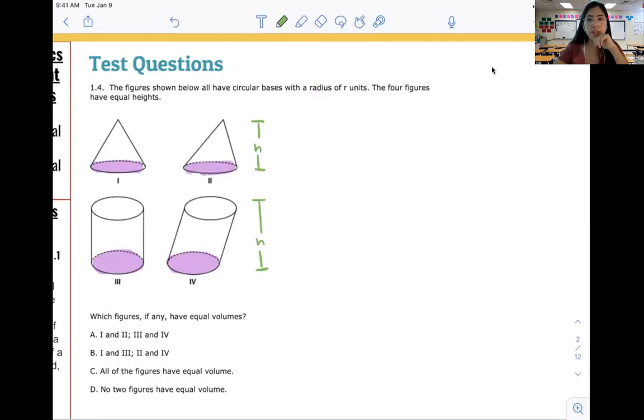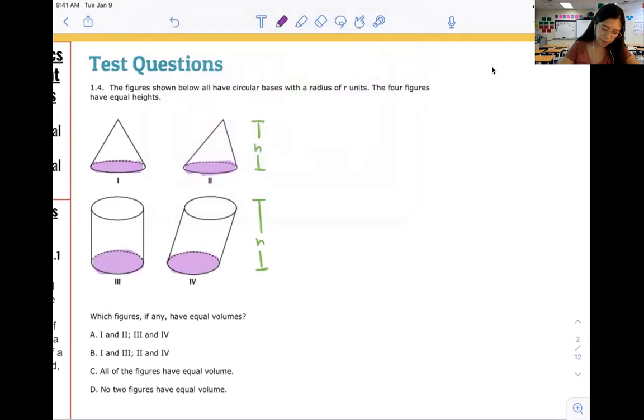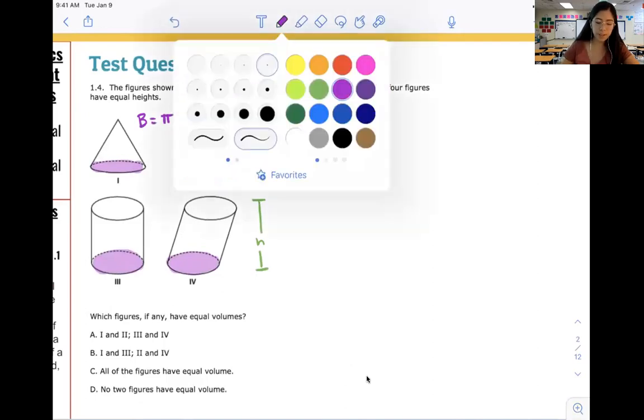The cone is a third of the cylinder. Let's review one more time. The base would be pi r squared, the same for all 4 of them. The height is the same for all 4, but the volume formula is different depending on the shape.